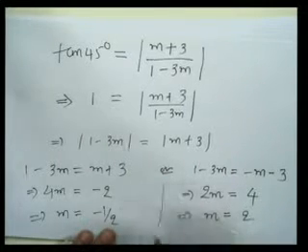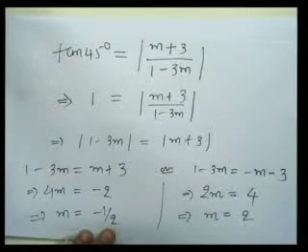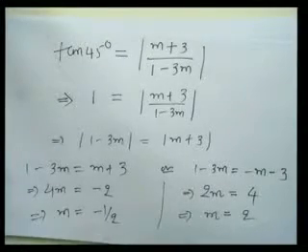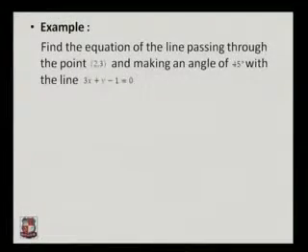So we have two slopes, so we can say that we have two optional cases. One case is when the slope is minus 1 upon 2, and the second one is when the slope is 2, and it is given that the required line is passing through the point 2 3.